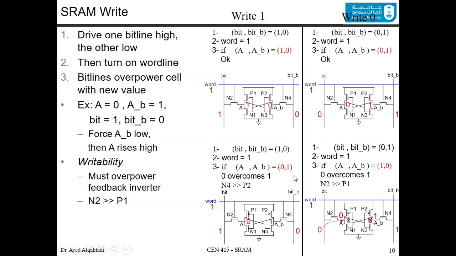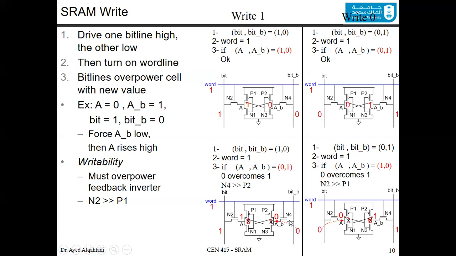Now, if you want to write the 1, again, the 0 should overcome the 1. So this is what will happen. The 0 will overcome the 1, and then you will change the value of the cell by the back-to-back inversion. That's basically the write operation.